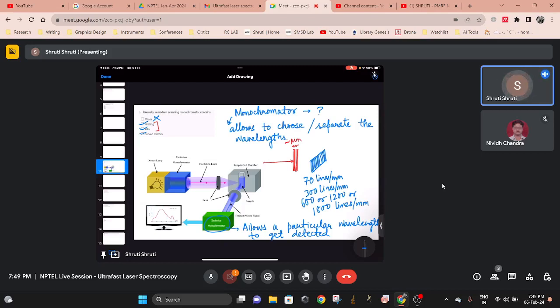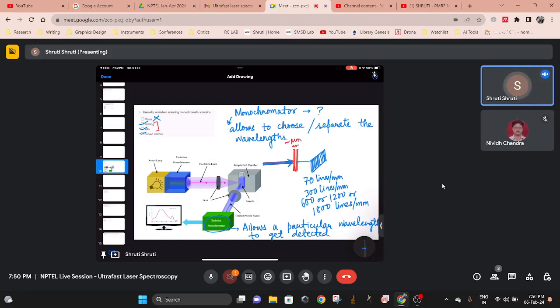When the light goes through this slit, the slit can be controlled. Suppose the beam is this broad, we are allowing a part of it to go through.